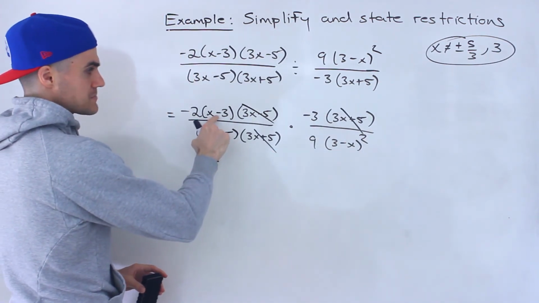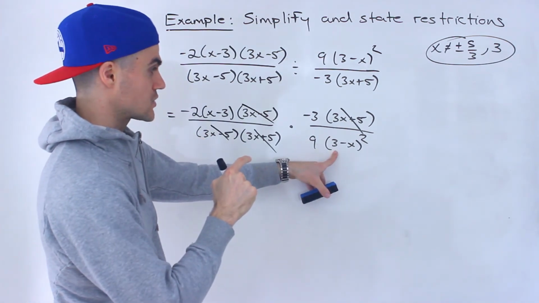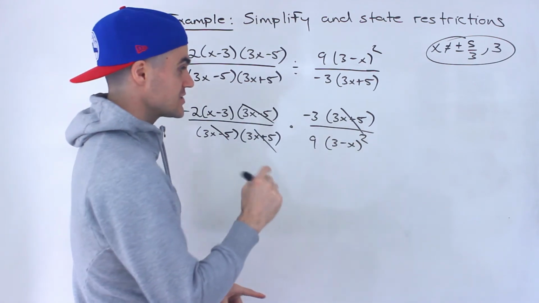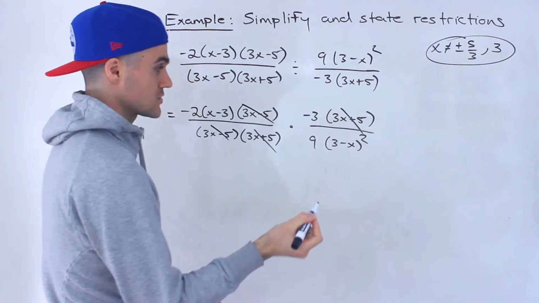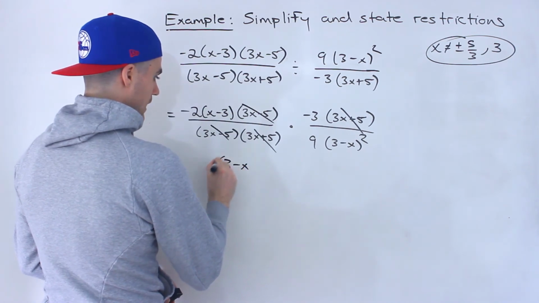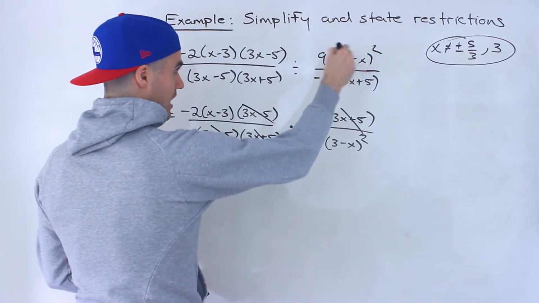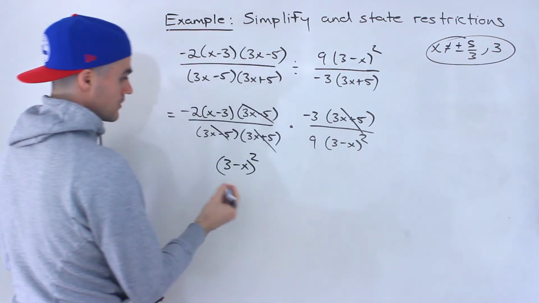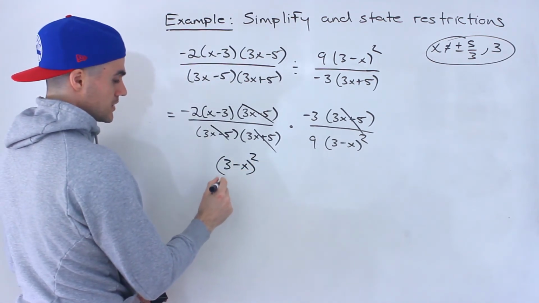Now, notice we have an x minus 3 and a 3 minus x squared. And 3 minus x squared, that's actually the exact same thing as x minus 3 squared because of this square here. So another unique case, just this factor that was here is unique to deal with just in general. So this question's pretty good here.